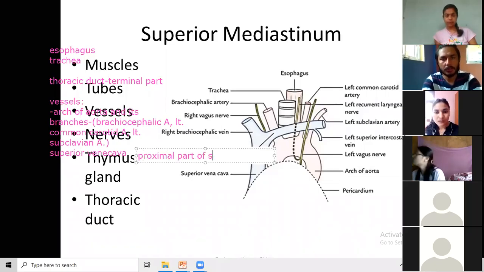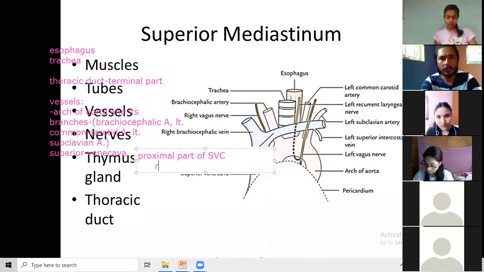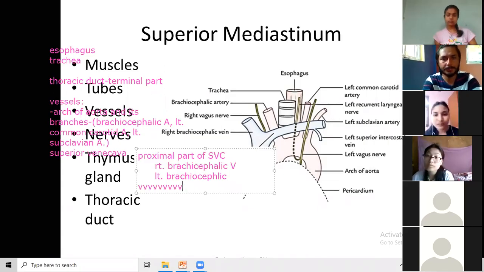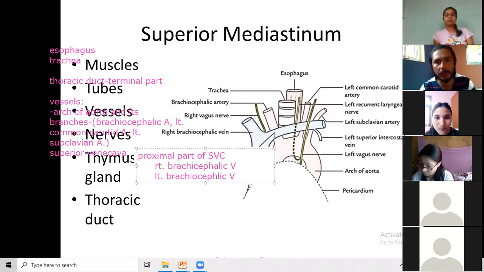The proximal part of the superior vena cava you will see, and its tributaries are the right brachiocephalic vein and the left brachiocephalic vein. You can see it in the picture also.